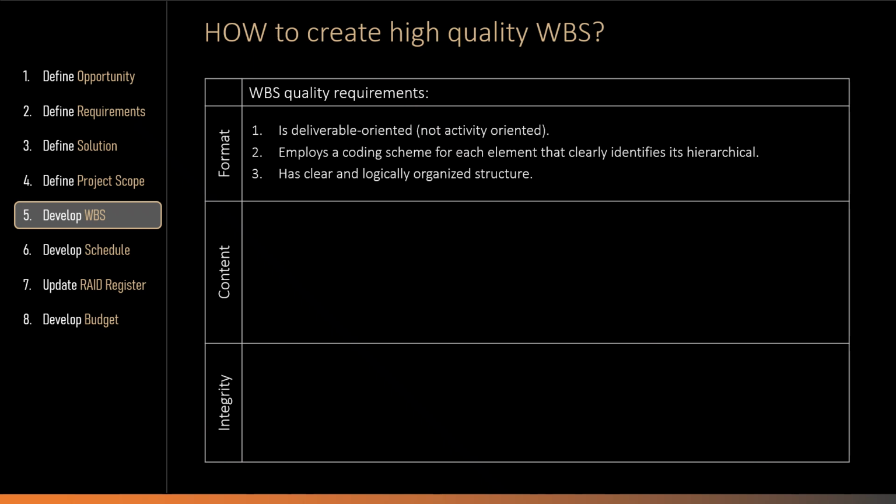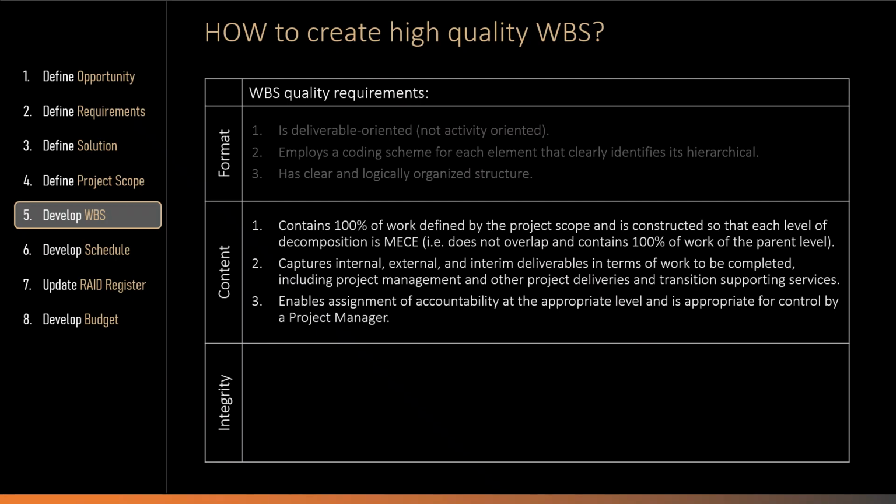When it comes to WBS content, it shall contain 100% of the work defined in the project scope. Each level of decomposition must be mutually exclusive and collectively exhaustive. It shall capture all internal, external, and interim deliverables, including management deliverables and transition deliverables. It shall also show clear accountability for each deliverable and enable effective control by the project manager.